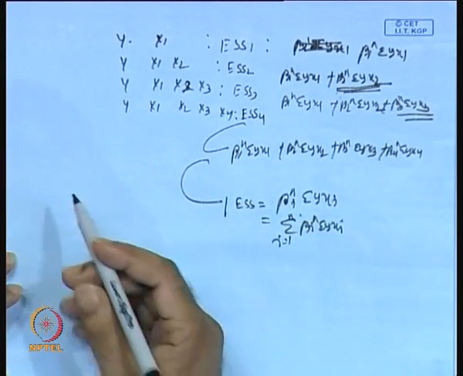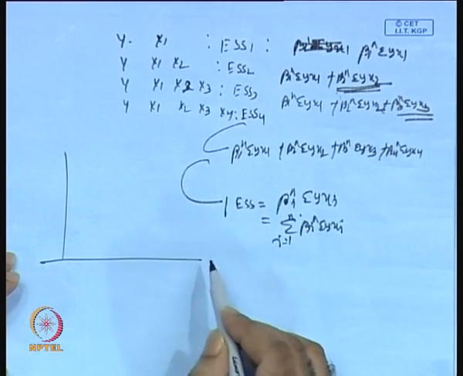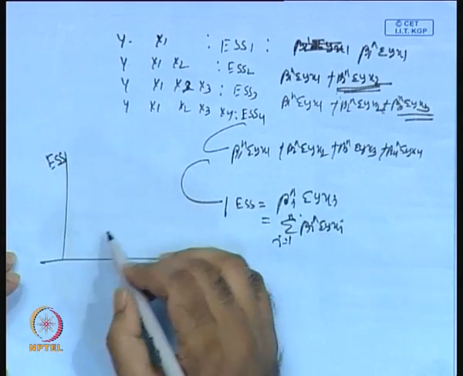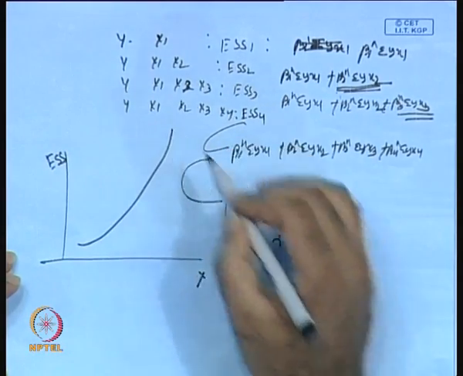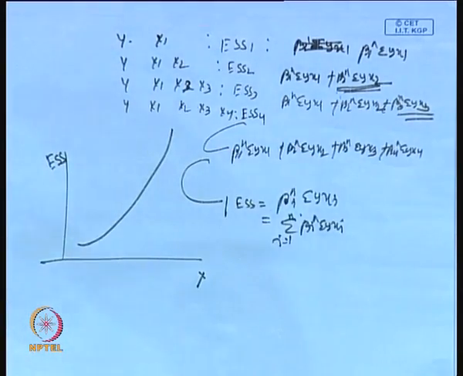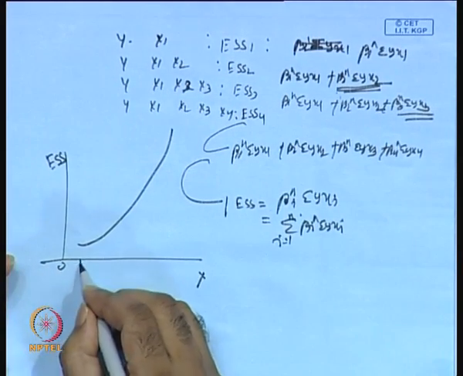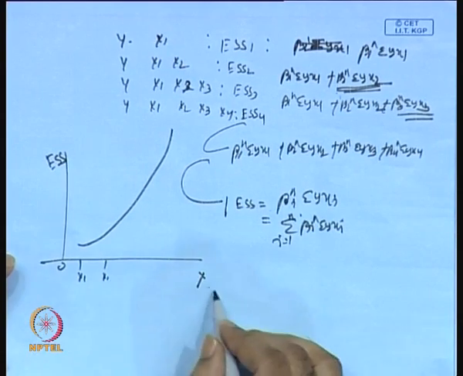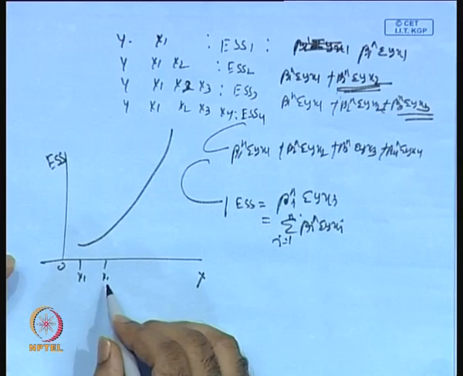So, if we plot like this, this side is x and this side is ESS, then obviously it will increase like this. Let us say this is x1, that means the number of variables introduced in the system.